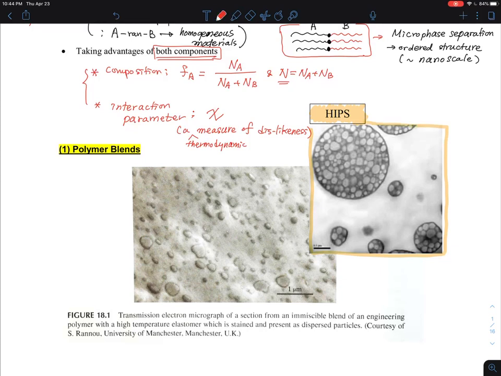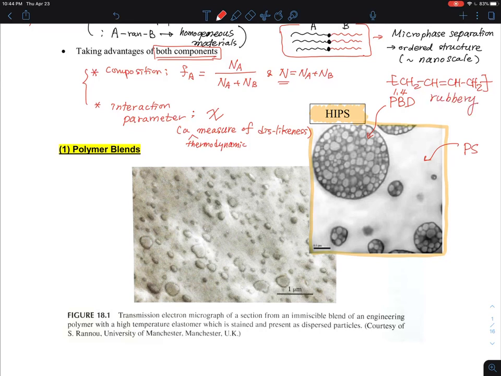Okay, this is a stained one, and the dark phase that shows up is polybutadiene, and the one here is polystyrene. The polybutadiene is CH2, CH double bond, CH. It has a more complex structure, but mainly it is actually 1,4 polybutadiene.